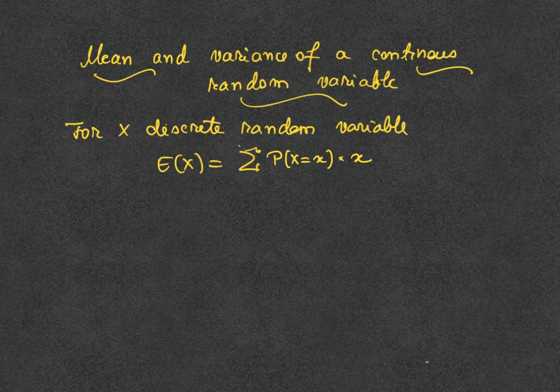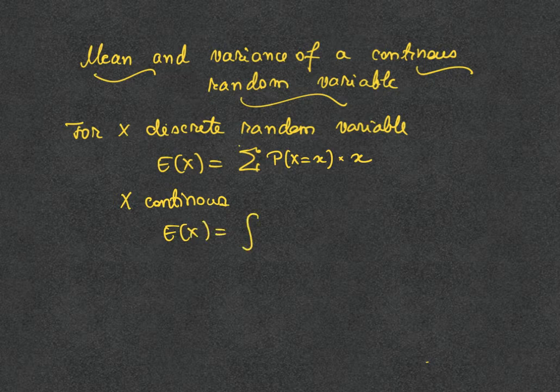Now you learn in integration, in pure maths, that if the intervals become smaller and smaller, so we move from discrete to continuous random variable, then the sum, remember Riemann sums, becomes an integral. The expected value of x will be the integral of x times f of x, and f of x is actually the probability, dx.